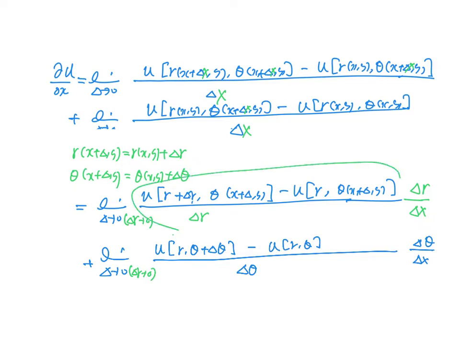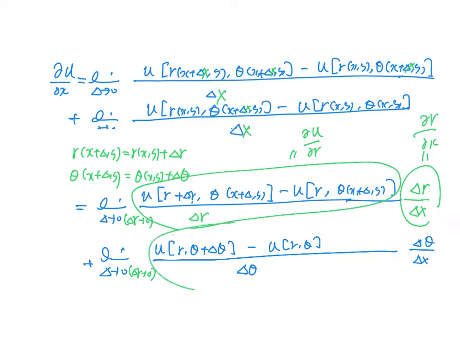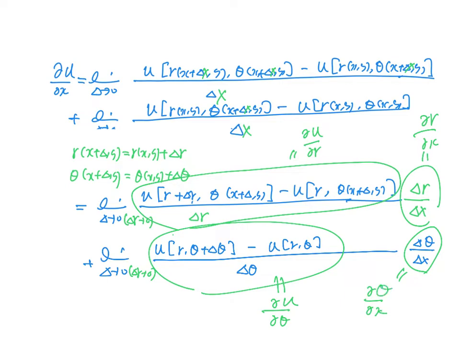This is partial u partial r, and this becomes partial r partial x. This part becomes partial u partial theta, and this part becomes partial theta partial x.